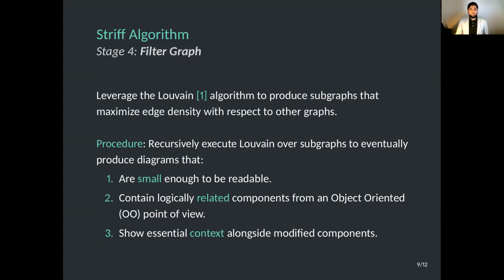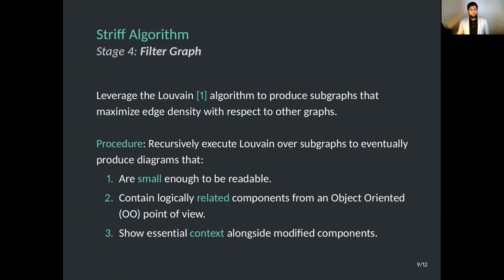Because the Louvain algorithm is maximizing edge density within neighborhoods, what it's actually doing is finding highly connected components from an object-oriented point of view and displaying those graphs to the user. So now you're not just picking any components that are connected to each other, you're using a weighting scheme to inform the community detection algorithm to produce graphs that are more logically connected.